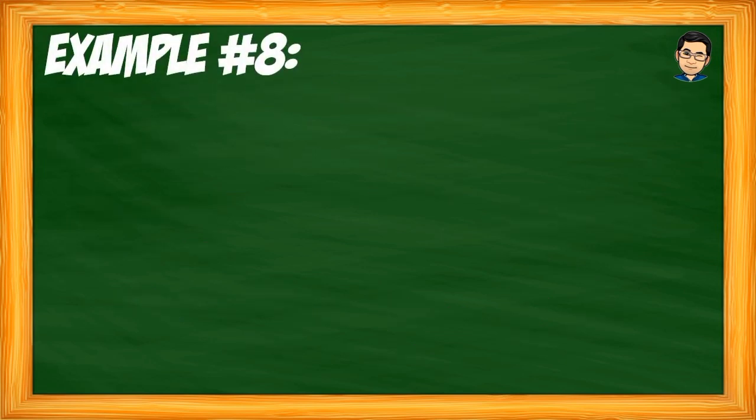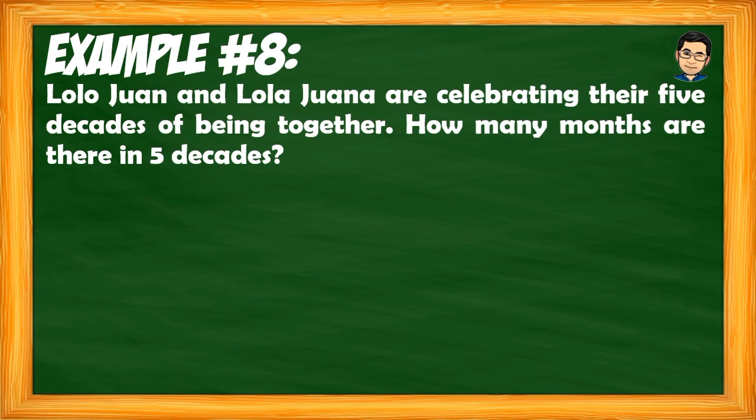So, let's have example number 8. Lolo Juan and Lola Juana are celebrating their 5 decades of being together. How many months are there in 5 decades? So, si Lolo Juan and Lola Juana, so 5 decades, 5 dekada na silang magkasama. So, and then, i-convert natin yung 5 decades na yun into months.